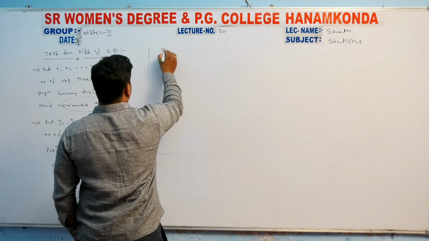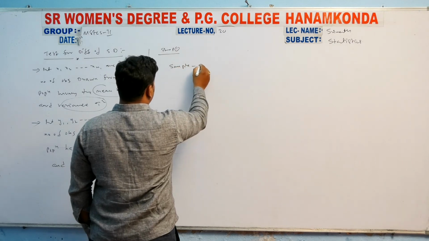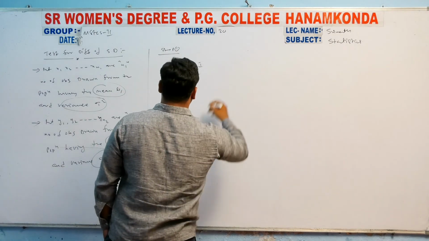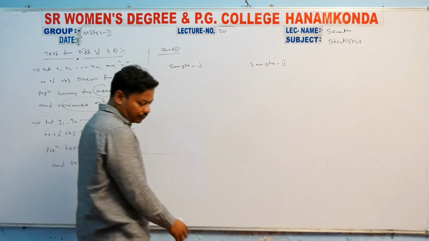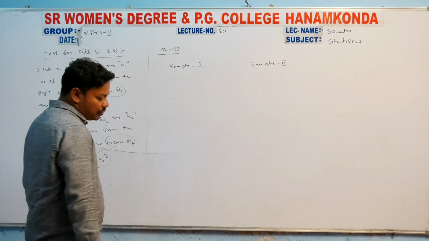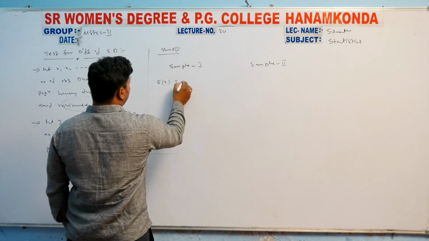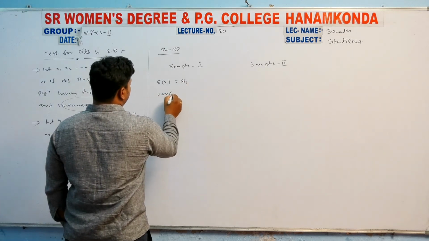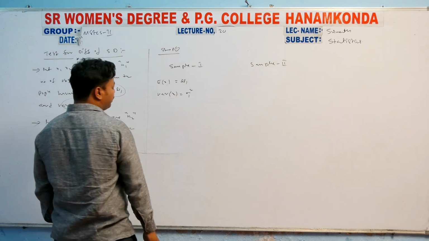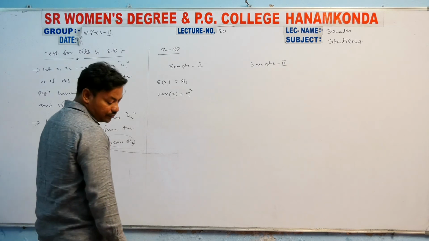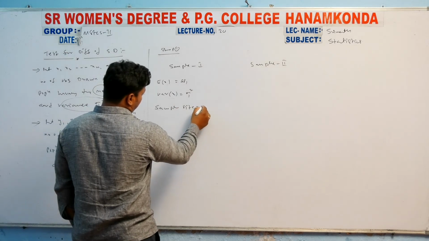And here step 1. Sample 1, sample 2. So here expectation of x is equal to mu1, variance of x is equal to sigma 1 square, and sample size n1.